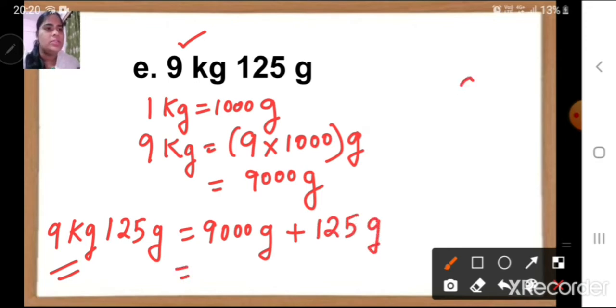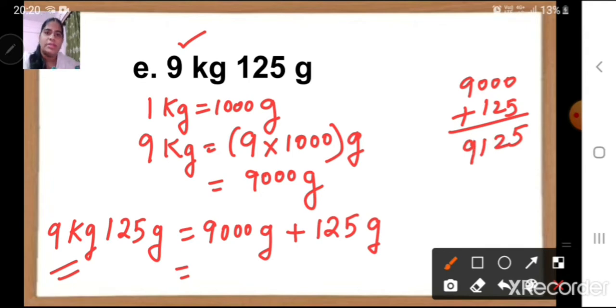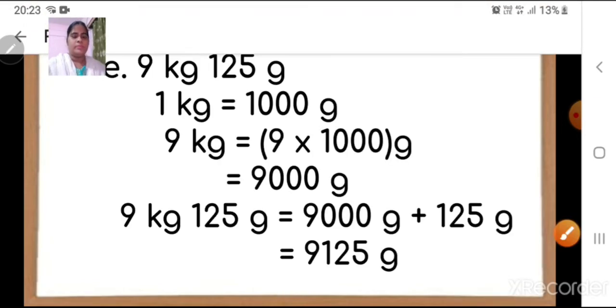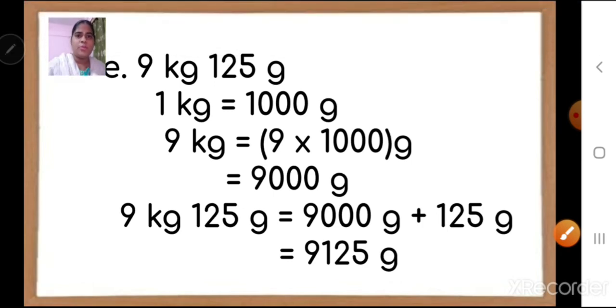Okay, children, 9000 plus 125 is equal to 9125. Let us write here 9125 grams. Okay, children. Note it down, children, properly.